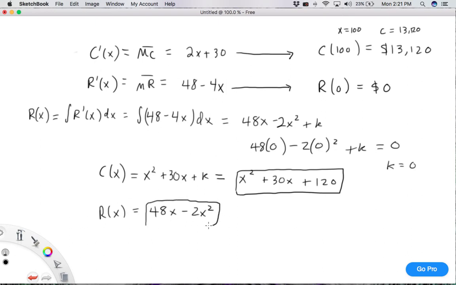Okay, now we have our revenue function and our cost function, and now we have to remember that basically microeconomics or something, if you want to calculate your profit, it's really just your revenue, how much money did you make, minus how much money did you spend, so it's your revenue minus your cost. So we're literally going to do our revenue function minus our cost function.